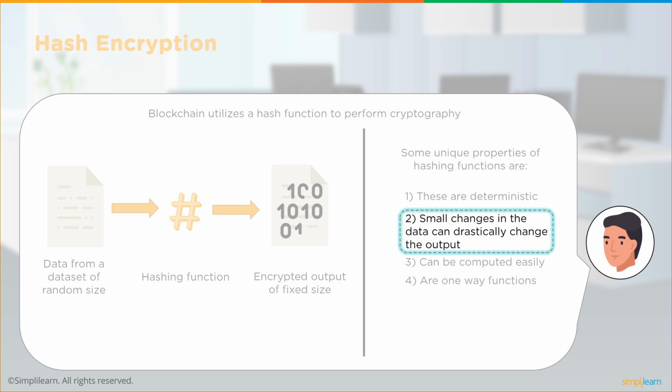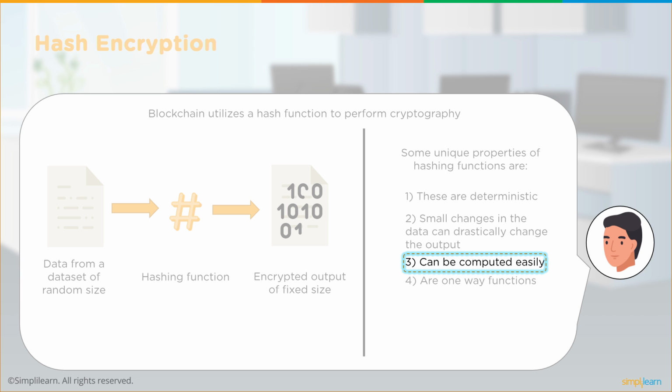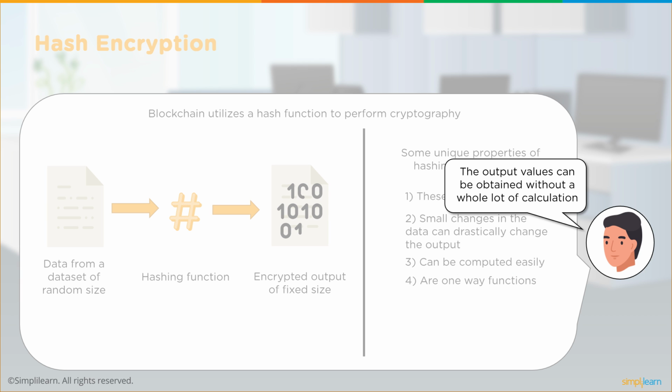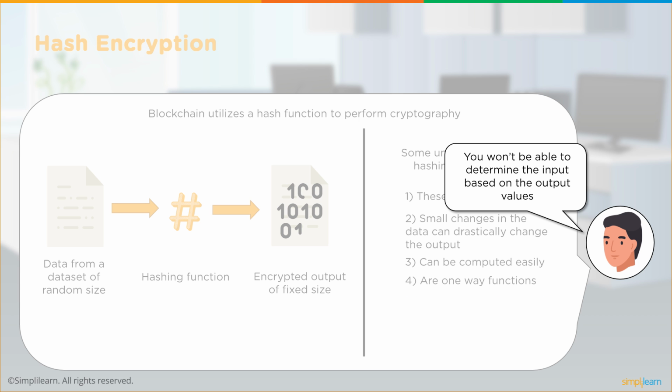Small changes in the data can drastically change the output. Basically, any small change to the input produces an output that's drastically different from its previous outputs. It can be computed easily. The output values can be obtained without a whole lot of calculation, and hashing functions are one-way functions. Basically, you won't be able to determine the input based on the output value. So you can't do the reverse calculation.